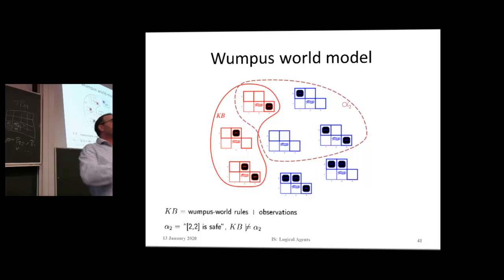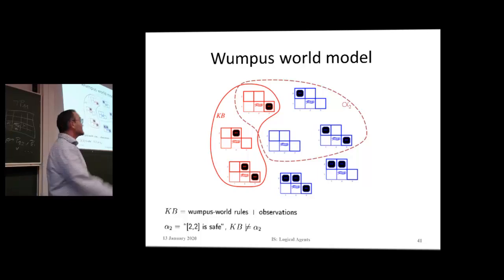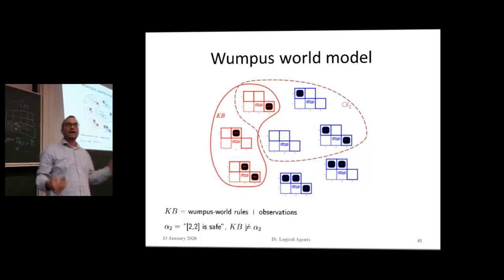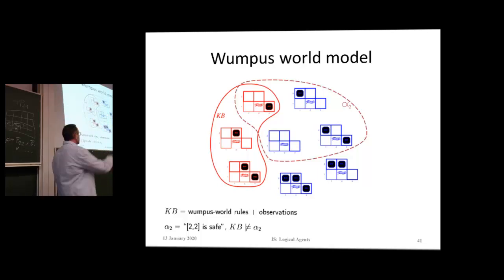And now we check whether that's a superset of the models for the knowledge base, and if not, because we also have models which are possible interpretations with respect to the rules of our game in which there is a pit in 2, 2, basically this means that we cannot show that 2, 2 is safe. So the statement that not a pit in 2, 2 follows from the knowledge base is not true. So we cannot show entailment.